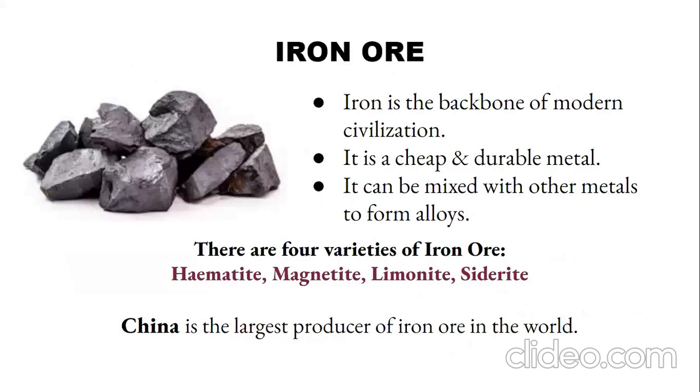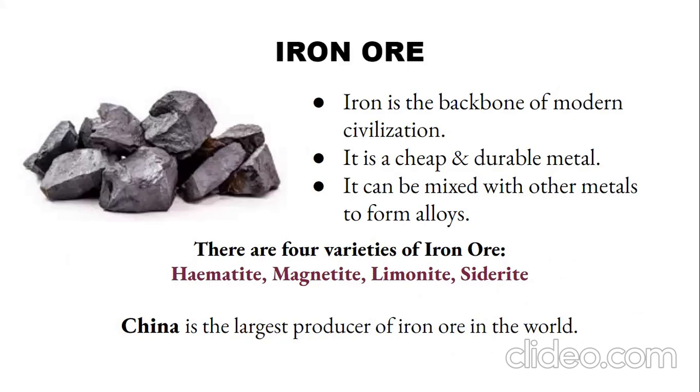First is iron ore. Iron ore is known as the backbone of modern civilization because whatever you're using right now, if you are sitting in a bedroom, at home, at school, in a tuition class or in the garden, just observe your surroundings and you will find that everything is made up of iron.